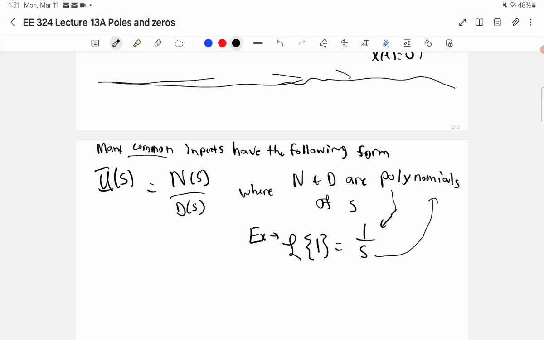I encourage you to go look at the common Laplace transforms of a variety of functions, and you'll see that many of them look like this. Note that if you have something that looks like e to the something times something, that is not a polynomial. An exponential function is not a polynomial. So in this case, that assumption wouldn't work.